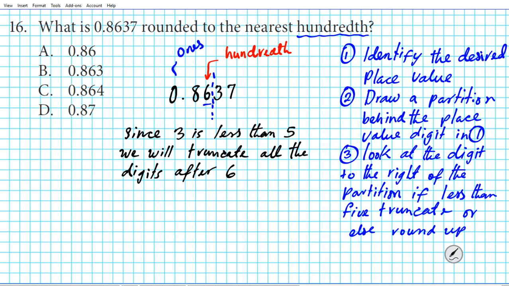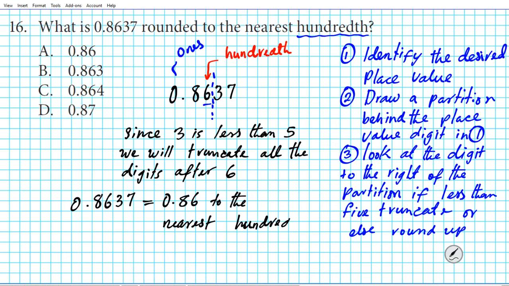So if we want to round 0.8637 to the hundredths place, it's going to be 0.86. The 37 components have been truncated. So 0.86 to the nearest hundredth.